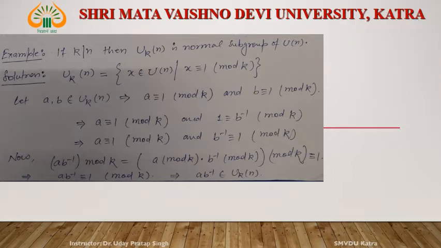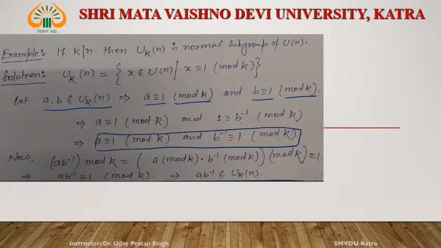Now see, let a, b belong to UKN. Then by definition, a is congruent to 1 modulo k and b is congruent to 1 modulo k, right? By definition of congruence, 1 is congruent to b inverse modulo k, or b inverse is congruent to 1 modulo k. Then using these two, a b inverse is congruent to 1 modulo k.